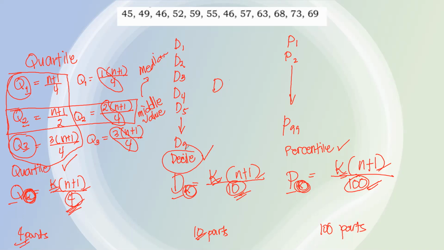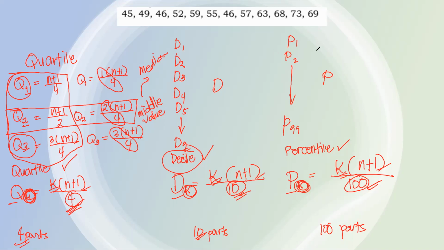Or hanggang 9 lang tayo? 1, 2, 3, 4, 5, 6, 7, 8, 9. Alin dyan ang gitna? How about for percentile? Alin dyan yung gitna? Walang sumasagot sa akin. Walang may alam ng middle.